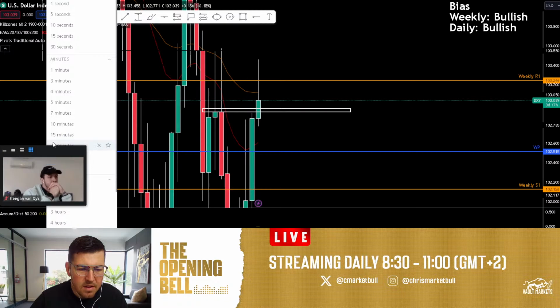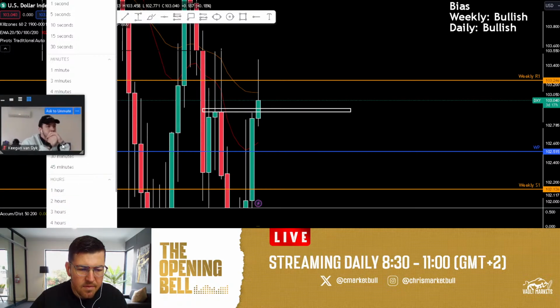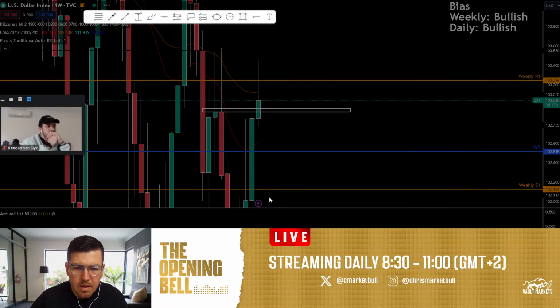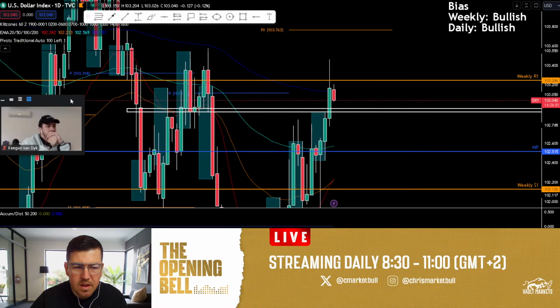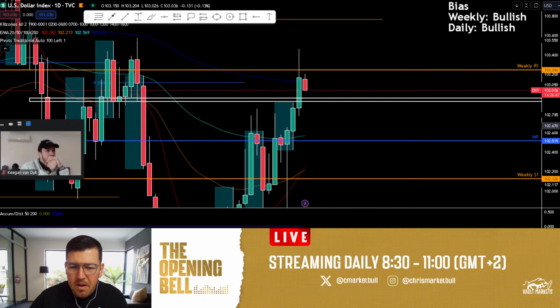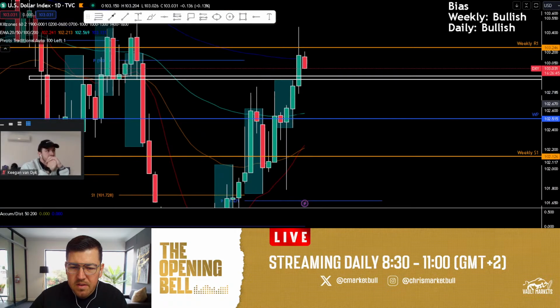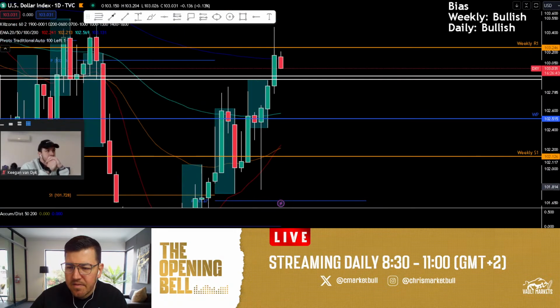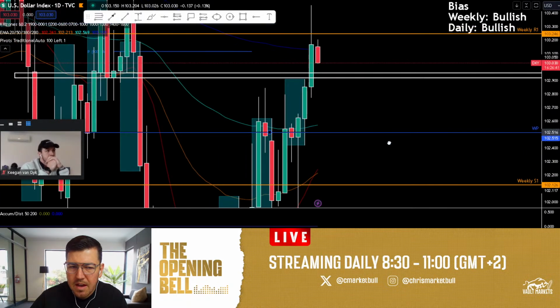And if I go down to my daily time frame, let's quickly jump on what we've got for the day. Again, closing bullish yesterday, moving quite a bit away from this previous area of resistance after having that massive downside wick and then pushing to the upside.